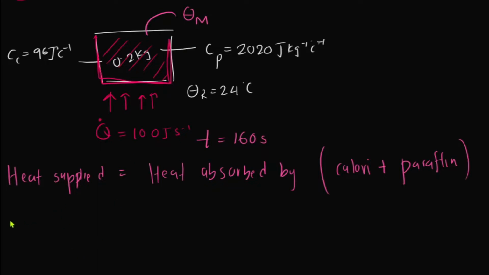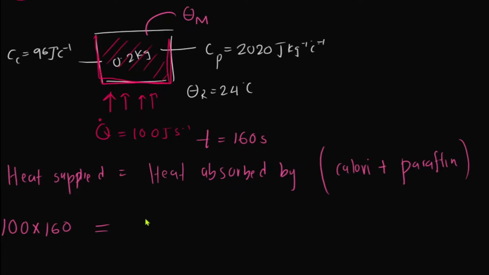So heat is supplied for how long? 100 joules per second into 160 seconds. The seconds cancel out, so this is in joules. If you multiply, it gives you how much heat was supplied within these 160 seconds.